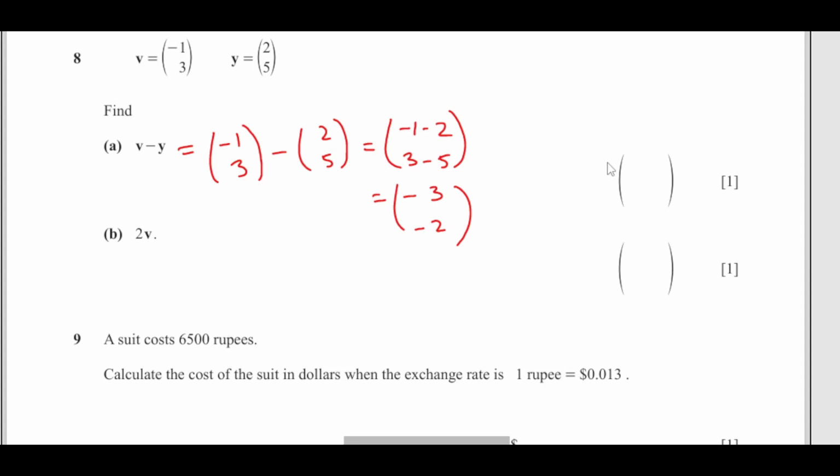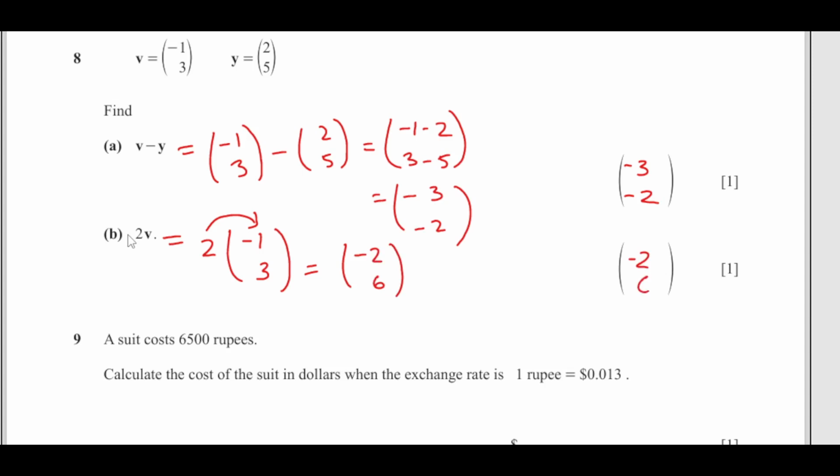So the final answer is negative 3 and negative 2. Okay, now 2v, 2 times v is negative 3 and negative 1 and 3. So when you multiply, this 2 will be multiplied to all numbers here. This will be minus 2 and 6. So negative 2 and 6 is the answer.